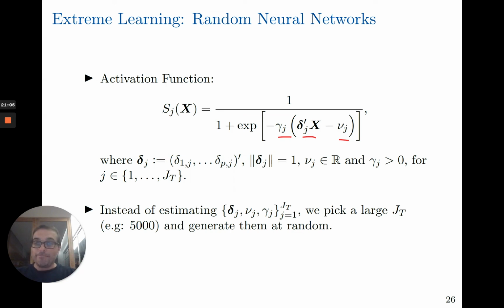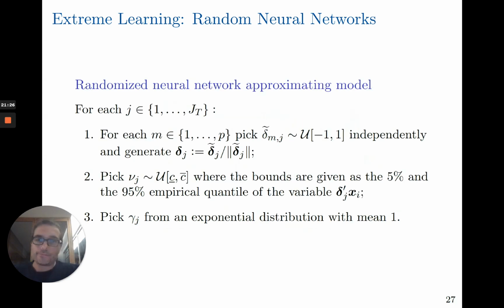And guess what? How am I going to estimate the linear combination of these gazillions of functions? Lasso, or adaptive lasso, or adaptive elastic net, something that induces sparsity, such that I retain only a small number of these gazillions of functions.